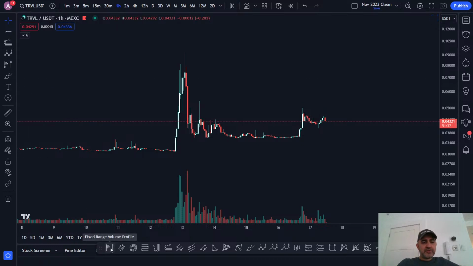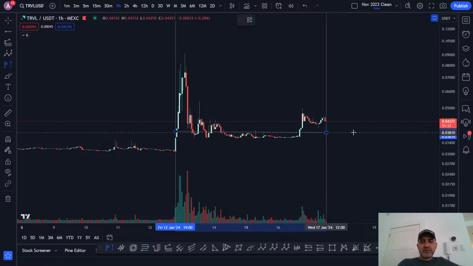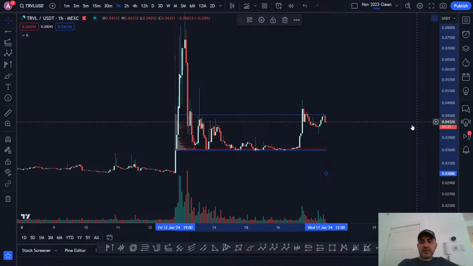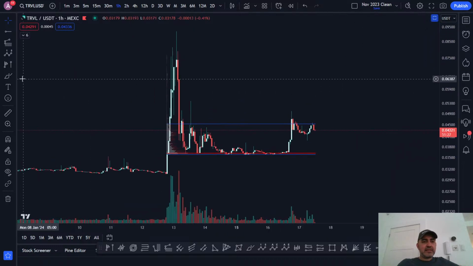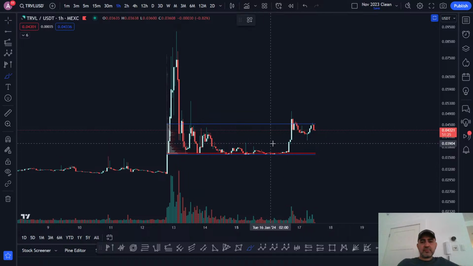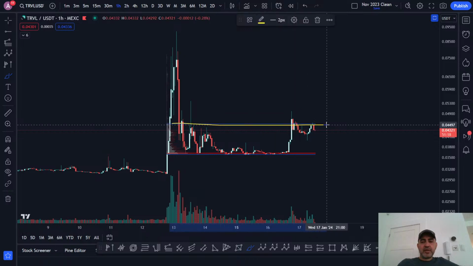I'll use this tool, the fixed range volume profile, from that first candle to the current price. And then what you can do quite simply is trade the range. You're looking to skim at the top, which is this top blue line, and then you're looking to put it back on the lower part, or the point of control.